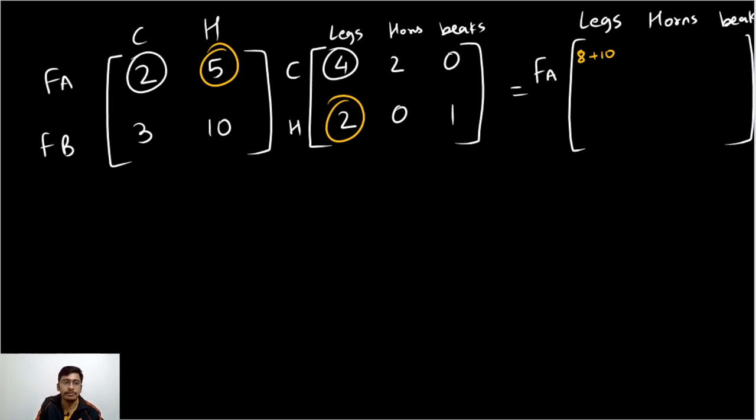Similarly, if someone asks you how many horns there are on the farm, there are 2 cows and there are 2 horns on 1 cow, so there have to be 4 horns. So I'm multiplying 2 with 2. I'm multiplying the row with the column, basically, is what I'm doing.